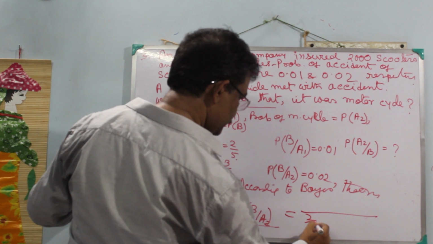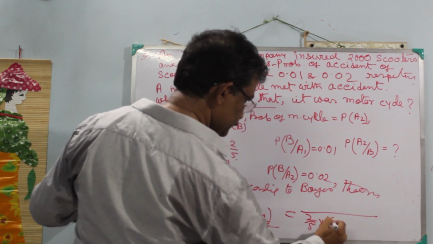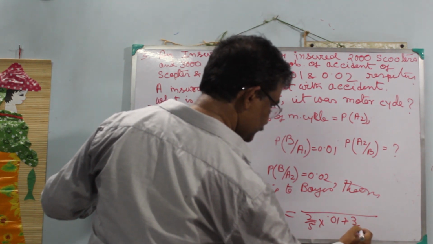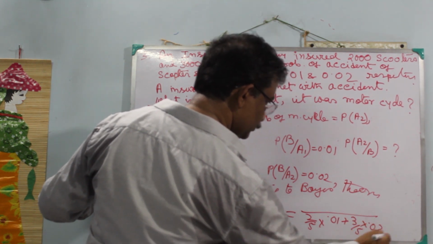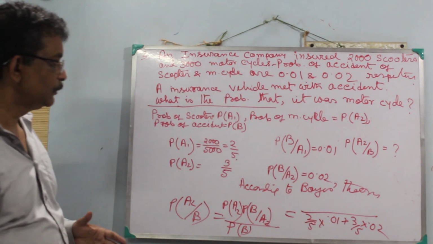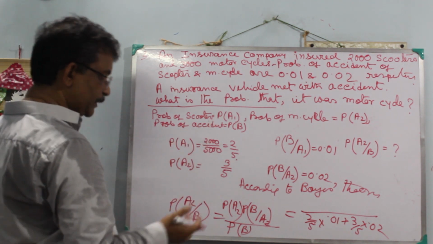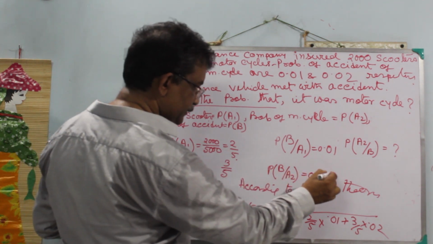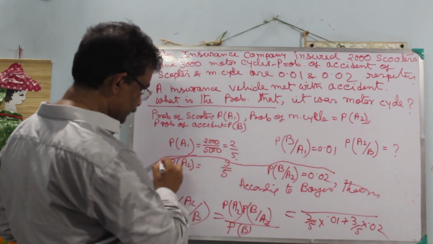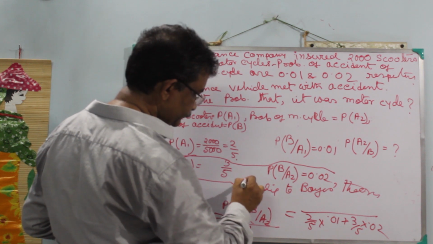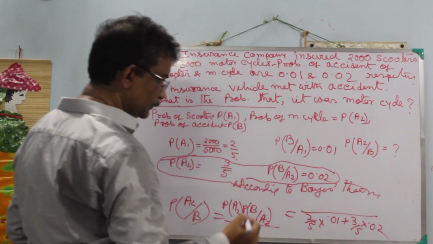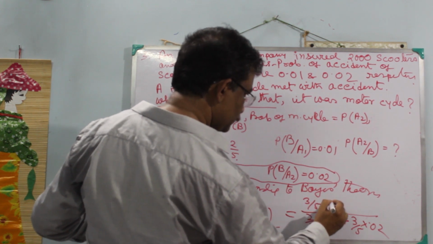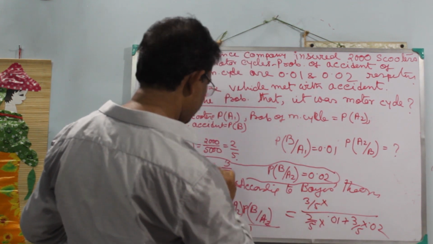So the denominator is very easy. 2 by 5 into 0.01 plus 3 by 5 into 0.02. And now the numerator, what is asked? That it is a motorcycle. So where is the motorcycle branch? This. Because accident occurred and motorcycle. This would be my numerator. So 3 by 5 into 0.02.